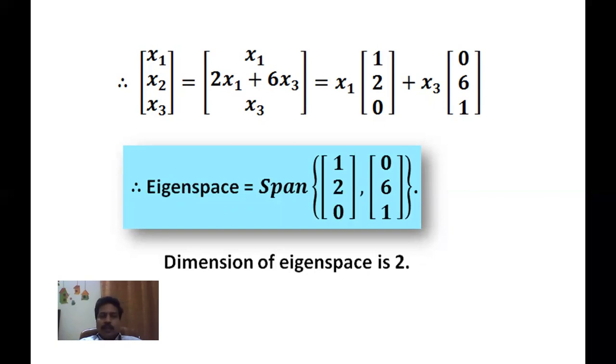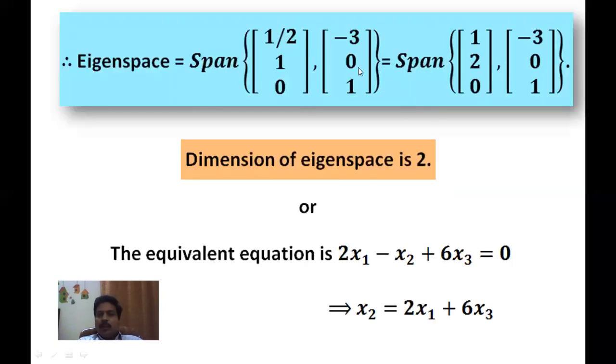Here we have to observe that this eigenspace and the earlier one are both the same, though the vectors are completely different from one another. Though the vectors are different, the space is the same.